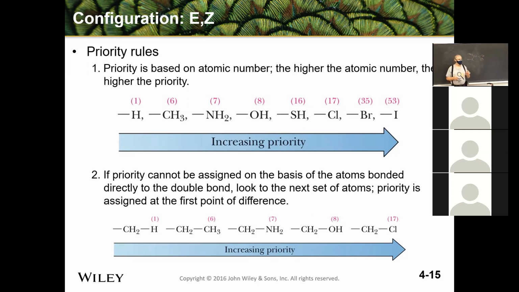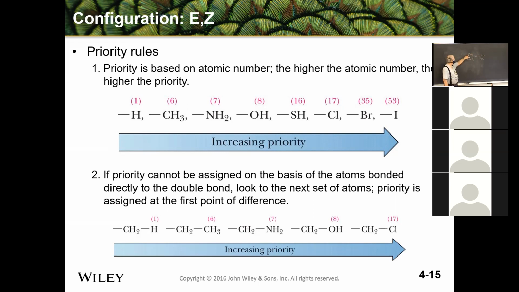When we're comparing priorities, we compare the first one, then we compare the second one, and we keep going until we find a difference. So for this one, I'll get some colored chalk here. Carbon and carbon are the same. So we work our way up to the next one.